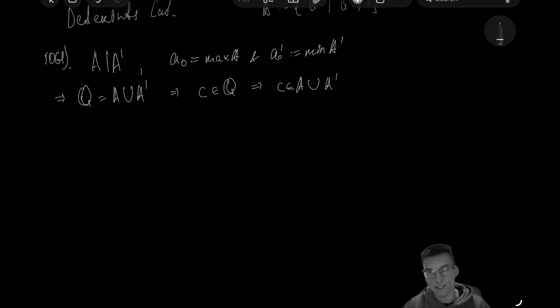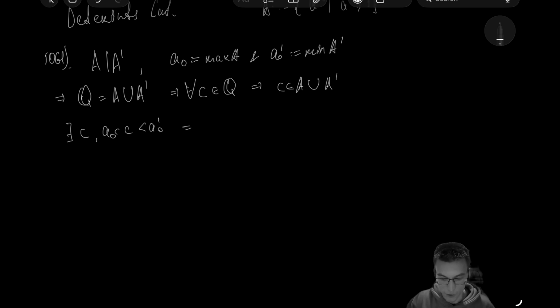Now let's take such c that it is greater than a0 and less than a0 prime. That is possible by the density property. By definition, for any rational c, it should belong to the union of a and a prime. But in this specific case, since it is greater than a0 and less than a0 prime, it is greater than the maximum possible element in a, and it is lower than the lowest possible element in a prime.